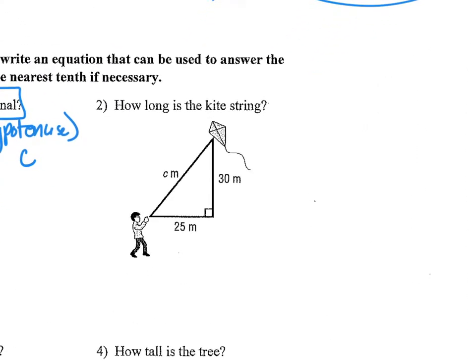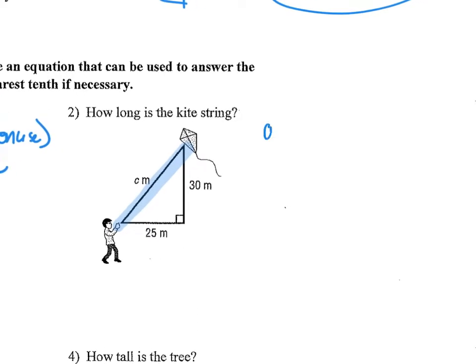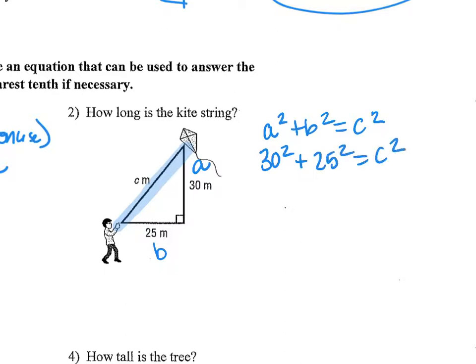How long is the kite string? So again, we're looking for C, so I can just use the plain old A squared plus B squared equals C squared. So this is A, this is B, and that's C. So 30 squared plus 25 squared equals something squared.